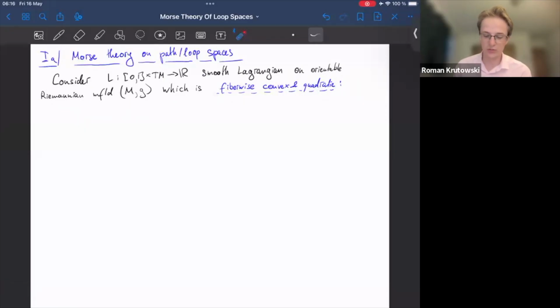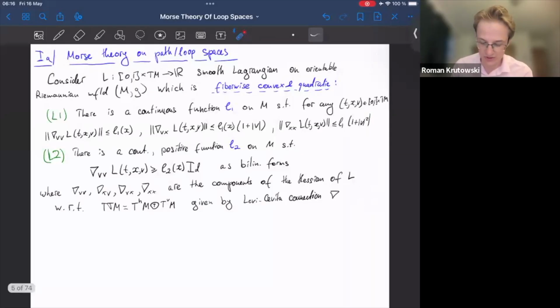So we start with a smooth Lagrangian function on orientable Riemannian manifold M, which is fiber-wise convex and quadratic, which means the following. Roughly speaking, it means that along the fibers, it behaves like a function of quadratic growth.